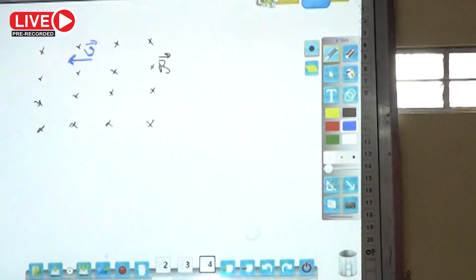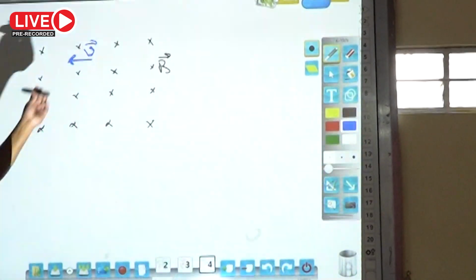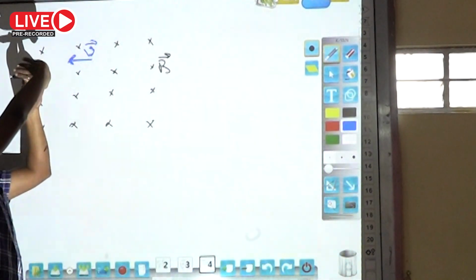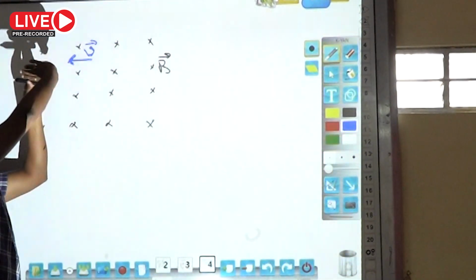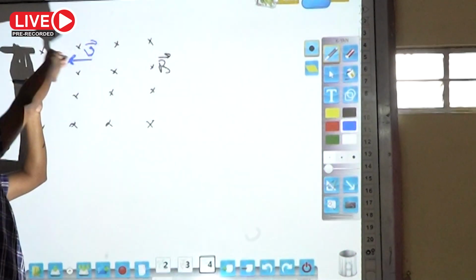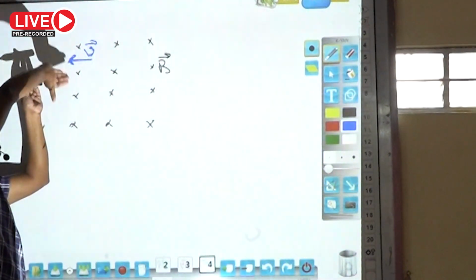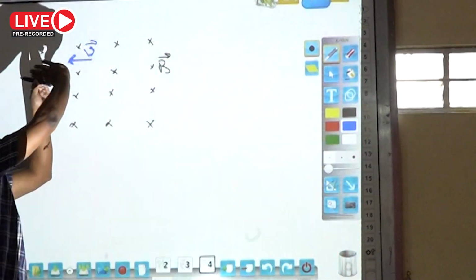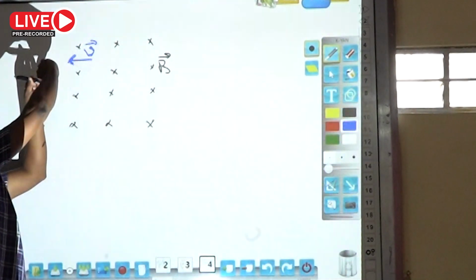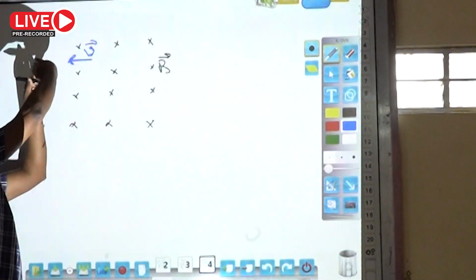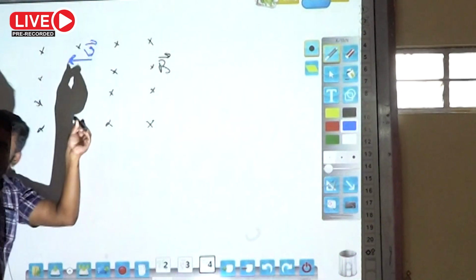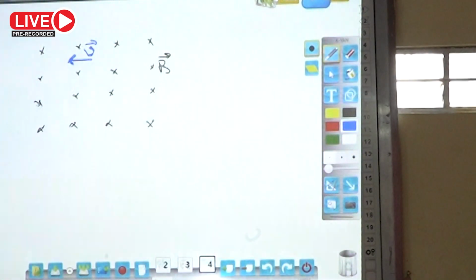So what will be the direction of the magnetic force on this charged particle? Downward. See, this is v, B is inward. So place all four fingers along the direction of v and then go in the direction of B. B should be inward. So your thumb will show the direction downward. Clear?